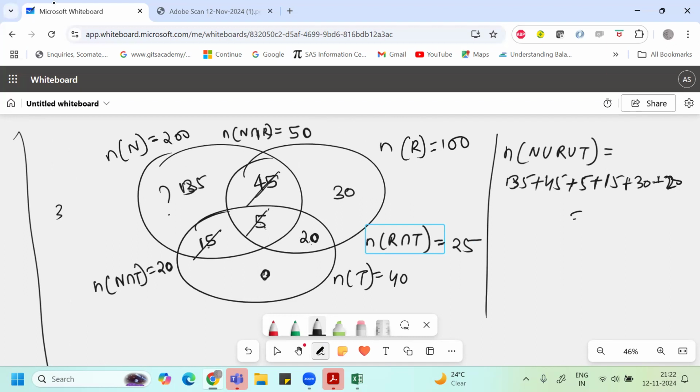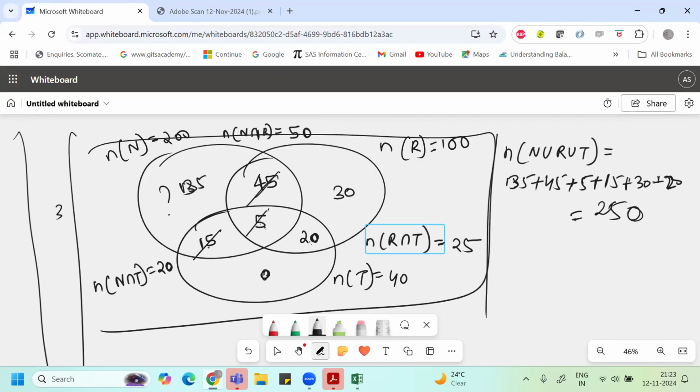If you do the sum of this, how much are you getting? How much did you get, guys? I think you will get 250. But the total element, the universal set, was 300. N of newspaper union radio union television is 250, and the total universal is 300.